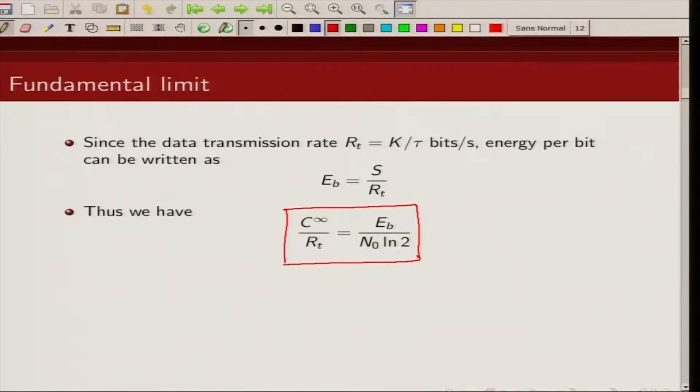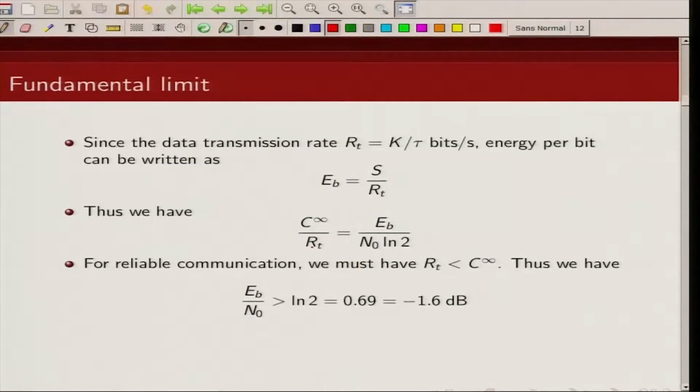Now, we know from Shannon noisy channel coding theorem that as long as transmission rate is less than channel capacity, we can reliably communicate over the communication channel. So, we want R_T to be less than this channel capacity. If we want this to hold, then we get a condition on signal to noise ratio.